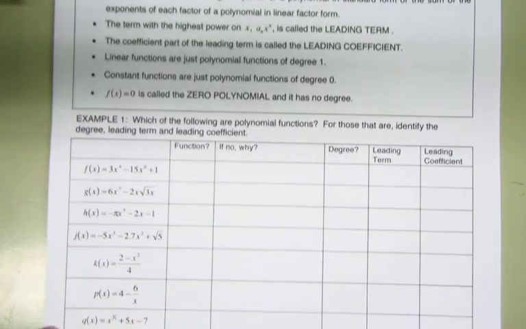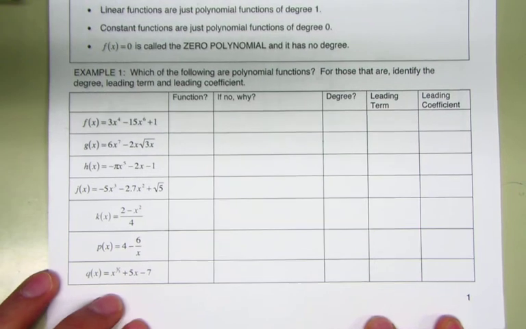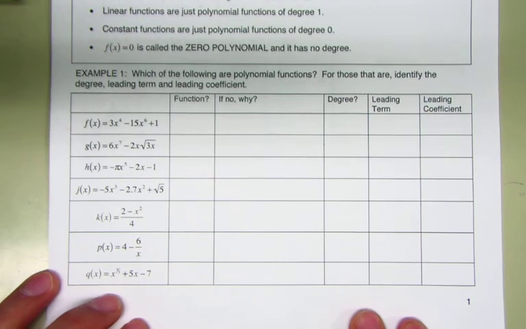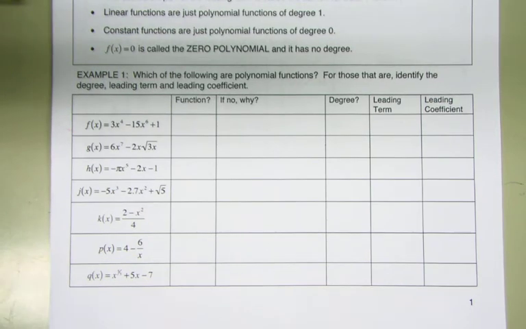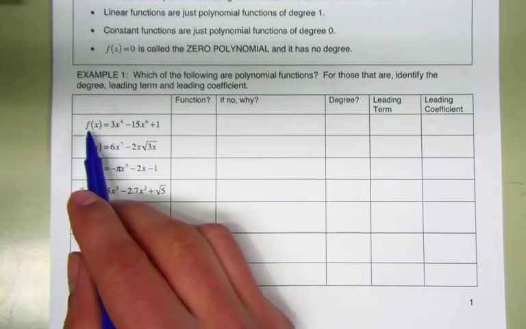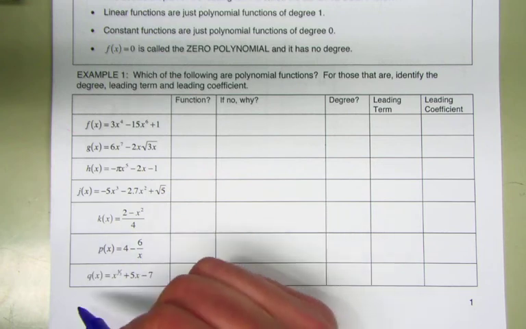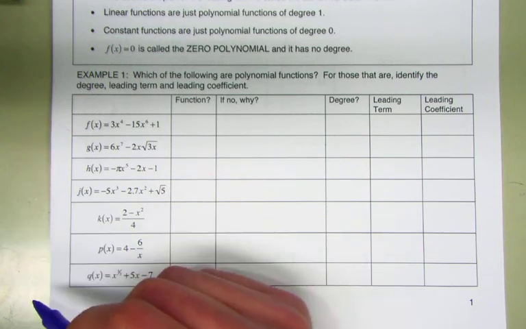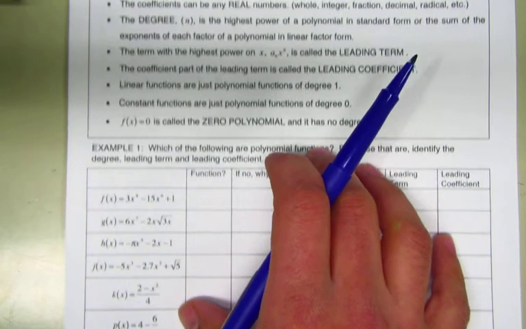Okay, so if you look at example 1, do we think that f is a polynomial? Okay, here are your keys.